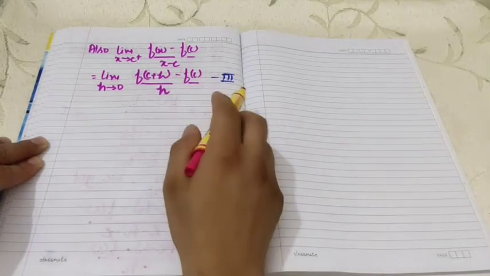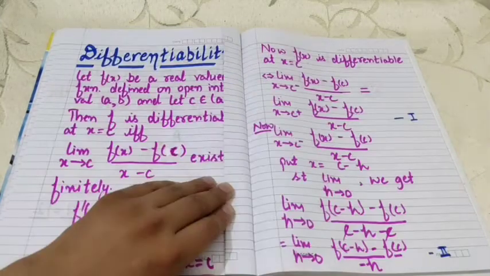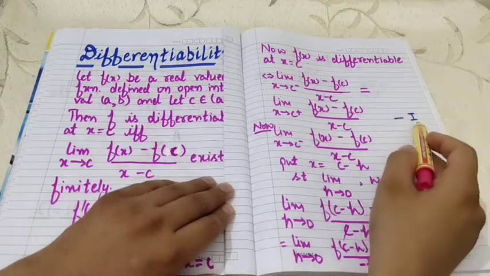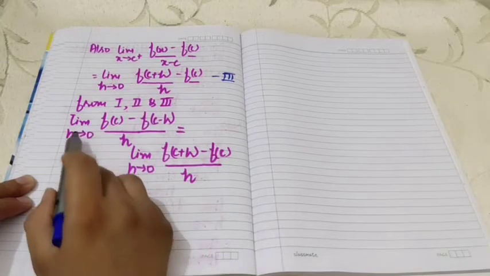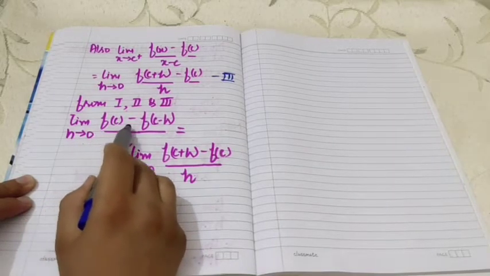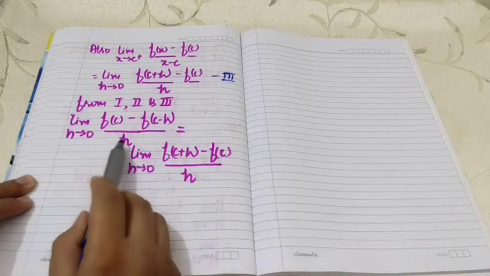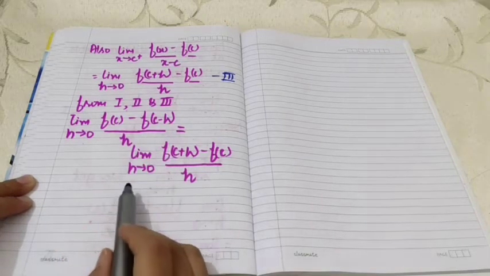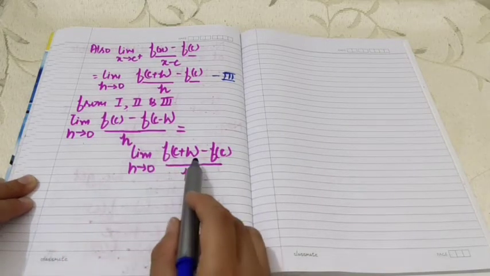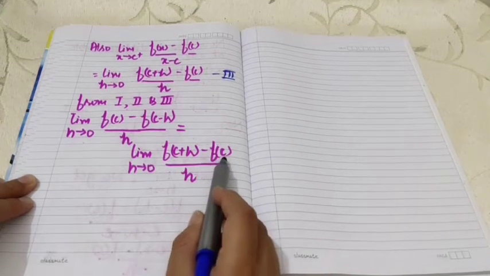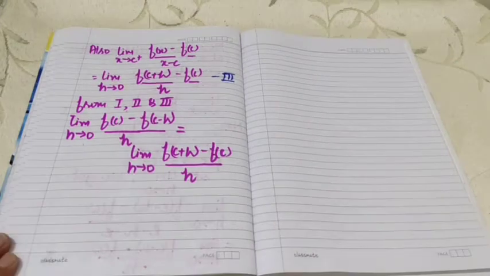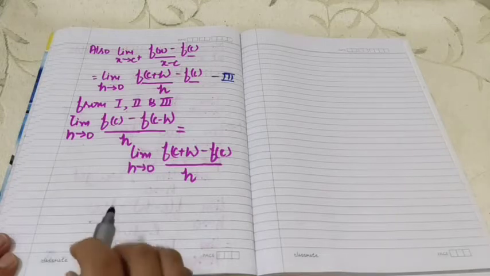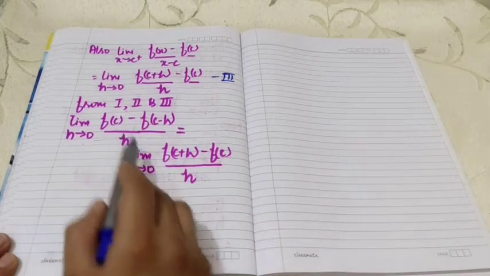Now from 3, 2 and 1 we get limit h approaches 0 of [f(c minus h) minus f(c)] divided by minus h is equal to limit h approaches 0 of [f(c plus h) minus f(c)] divided by h. Means function f is said to be differentiable at x equals c if this condition is satisfied.